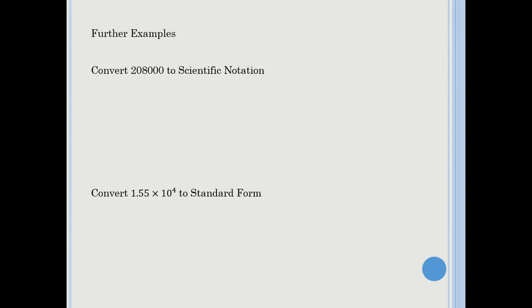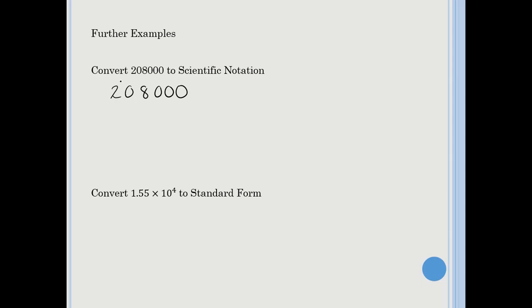I'll do 2 more examples for you before we finish, just to give you an idea of how you would set it out in your jotter. So we've got convert 208,000 to scientific notation. So the first thing that I'm going to do is I'm going to write out the number again, 208,000.